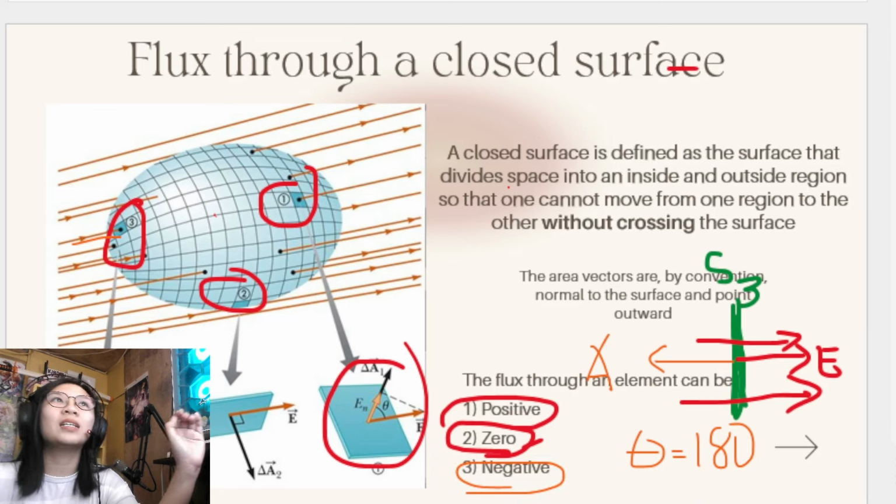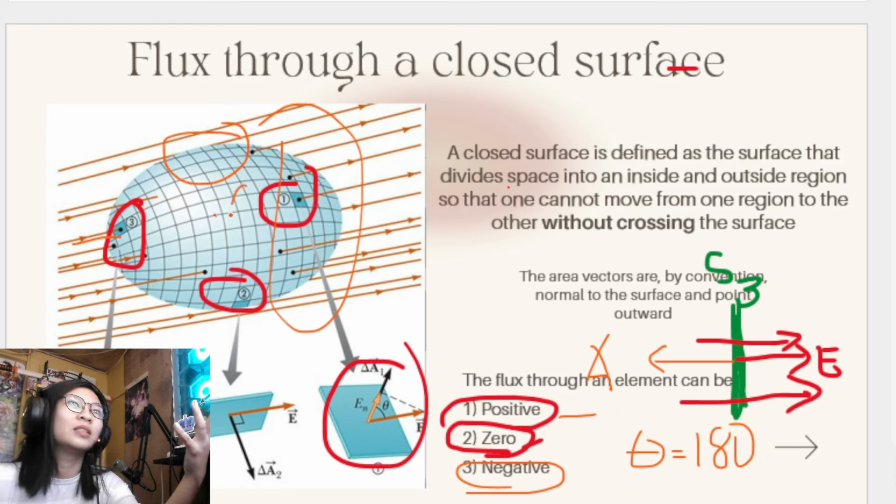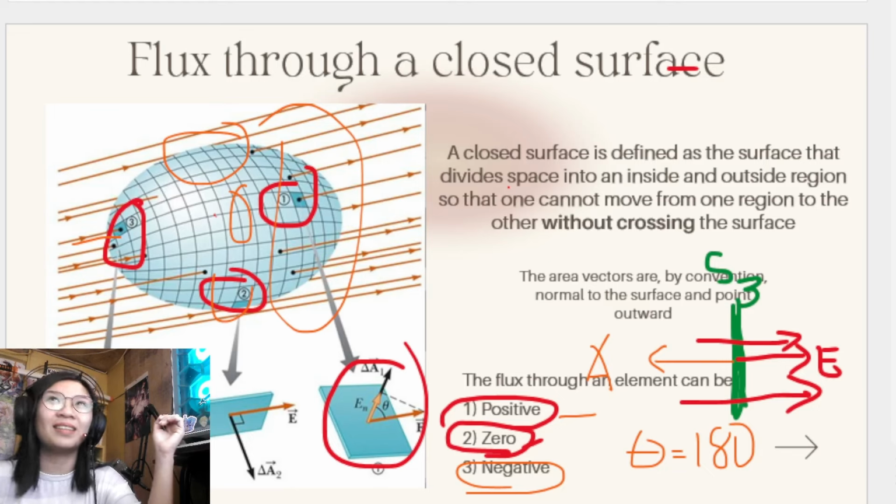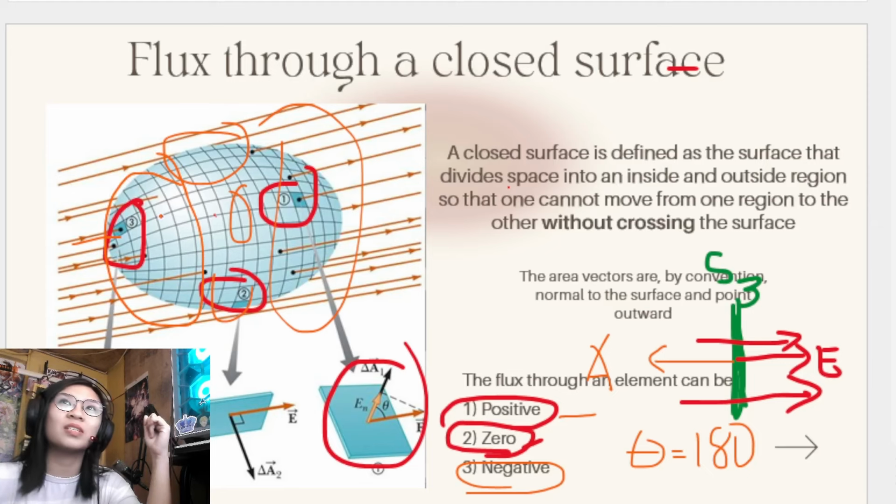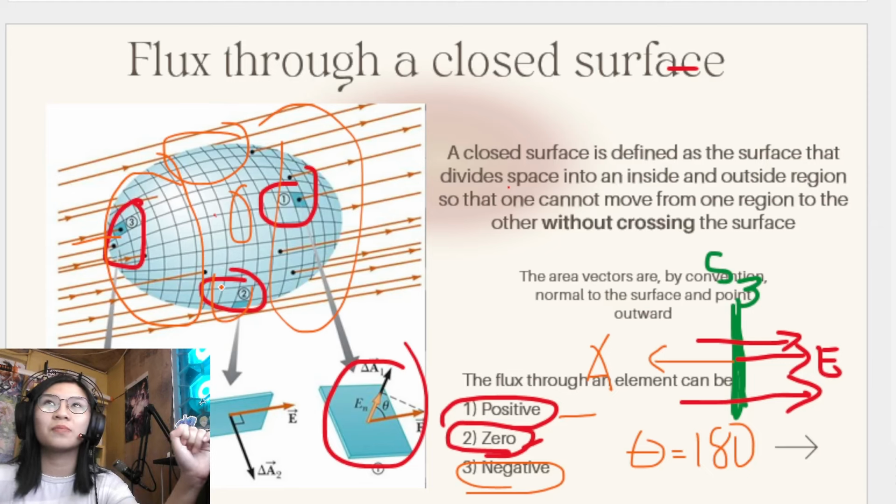So when you have a closed surface, if you add them up, this part here will be positives. This part here will be zeros, because the electric field does not penetrate those surfaces. But this part here will have a negative flux.